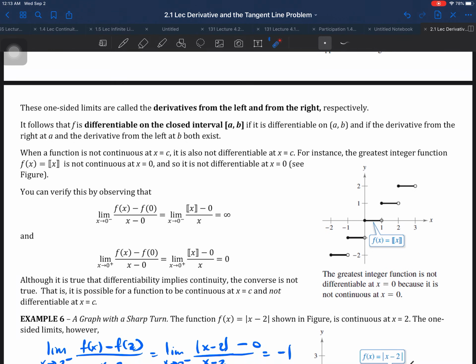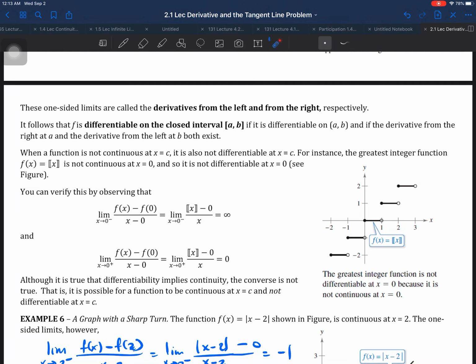It follows that f is differentiable on the closed interval a to b if it is differentiable on the open interval a b, and if the derivative from the right of a and the derivative from the left of b both exist.